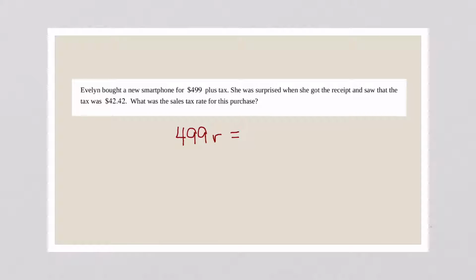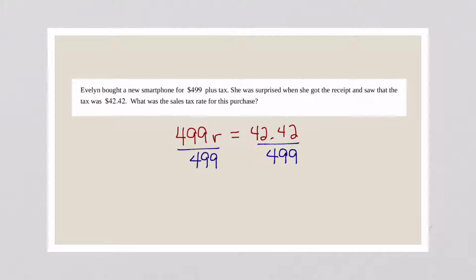And what they got was $42.42. Now how do we solve for R in this problem? Well, in this case we would divide both sides by 499. So on my calculator I would type in 42.42 divided by 499.